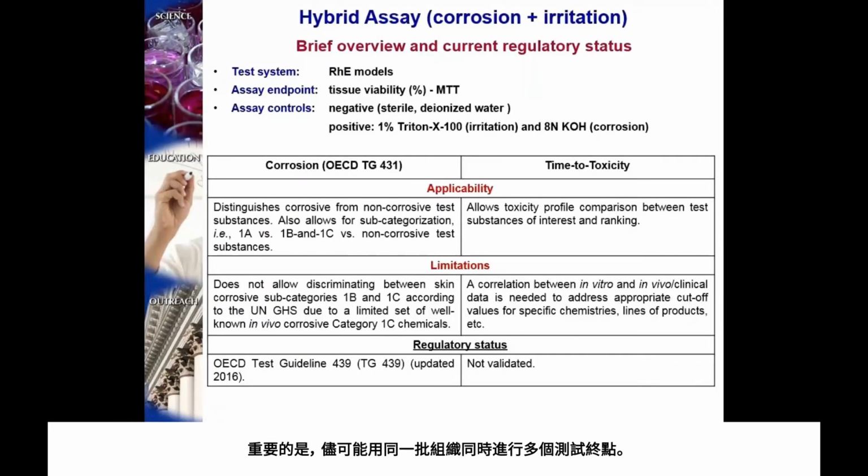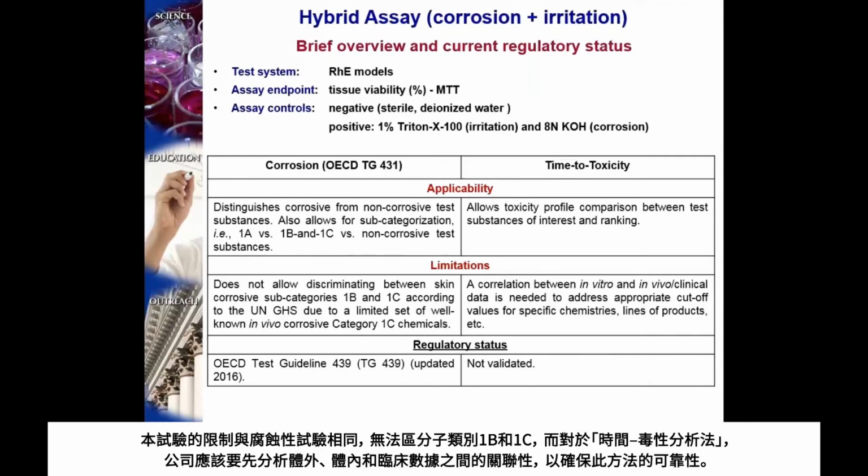It is important to have the same tissue lot to address multiple endpoints, possibly concurrently. One of the limitations is the same as with the corrosion assay regarding the separation of subcategories 1B and 1C.